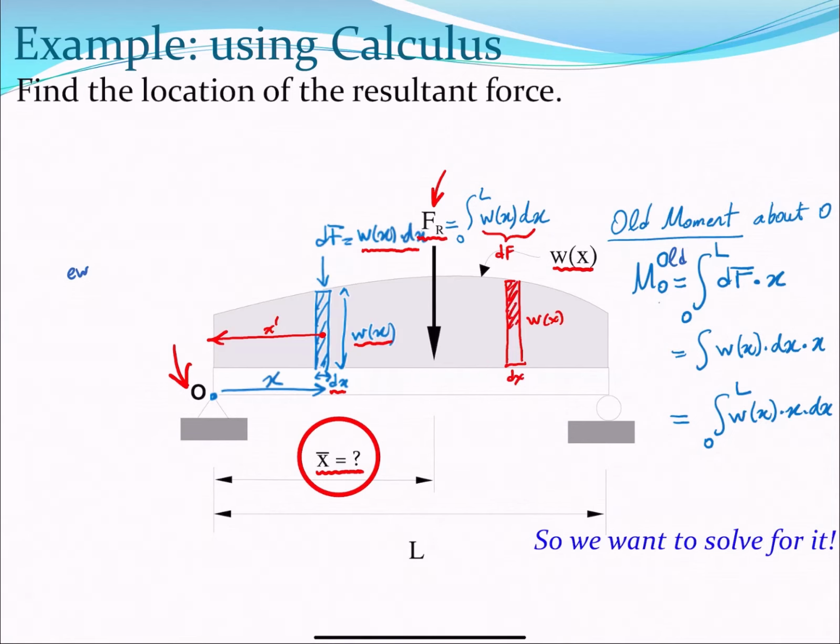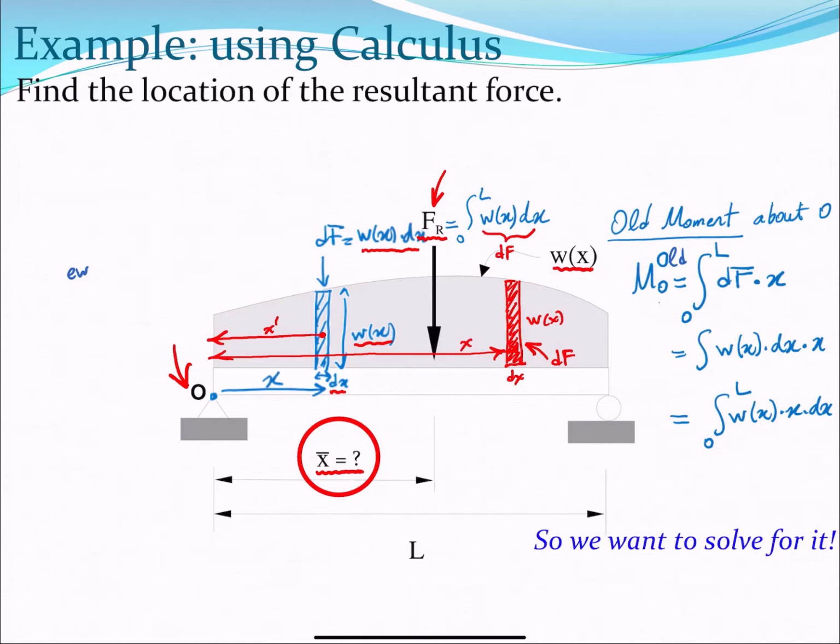So the moment of this slice with respect to O will be equal to the area of this differential of force times the distance to point O, which is the variable of integration, right?